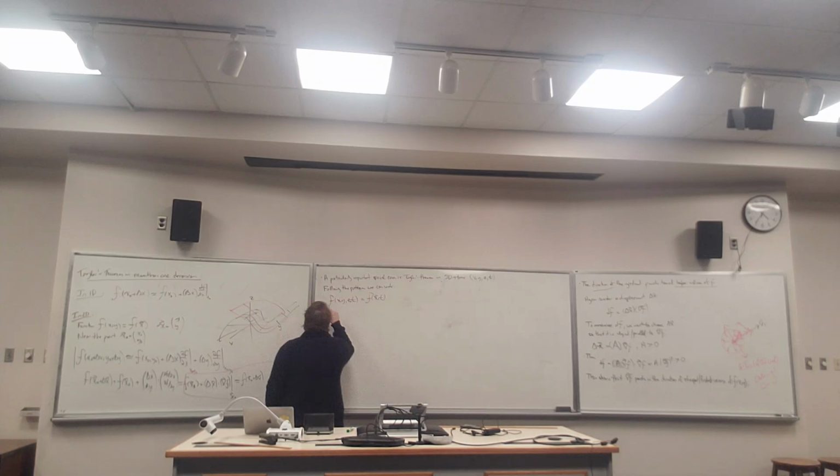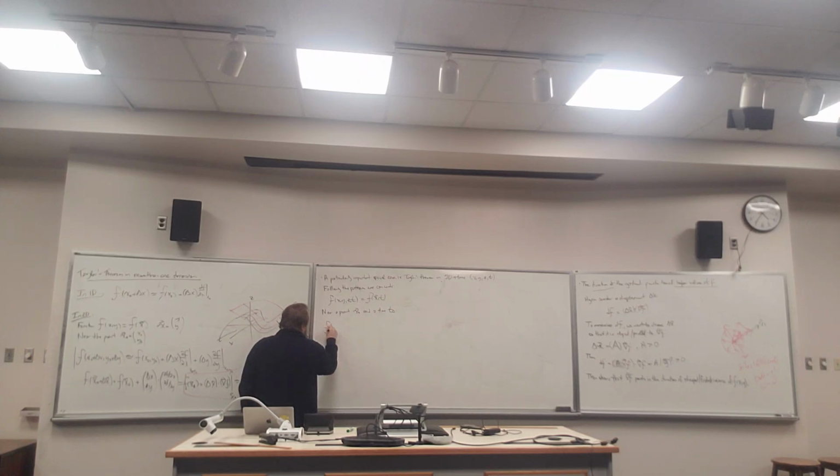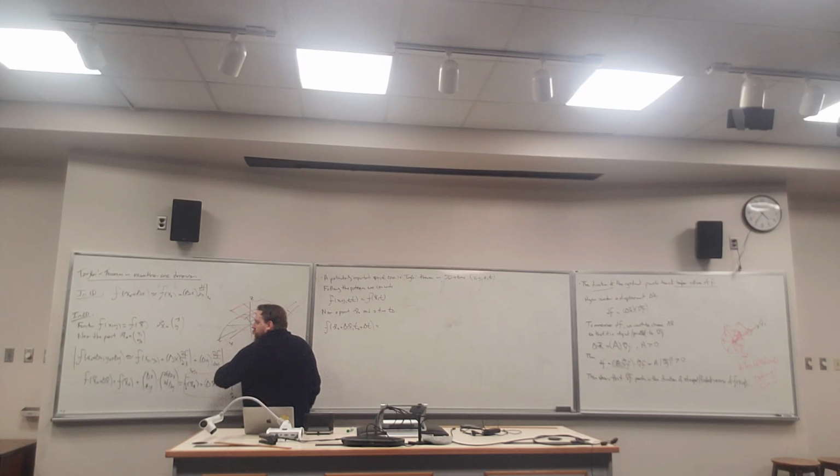So near a point x naught and a time t naught, we could write f of x naught plus delta x, and separately t naught plus delta t. We can follow our recipe here. In 2 dimensions, we have 2 terms.